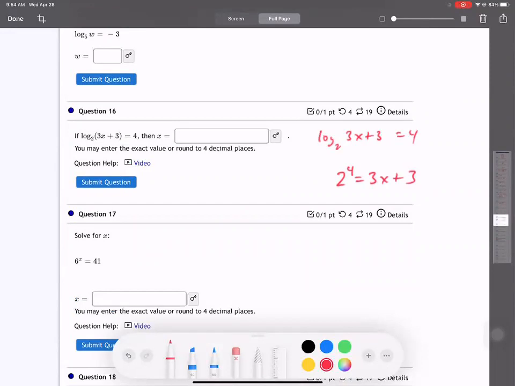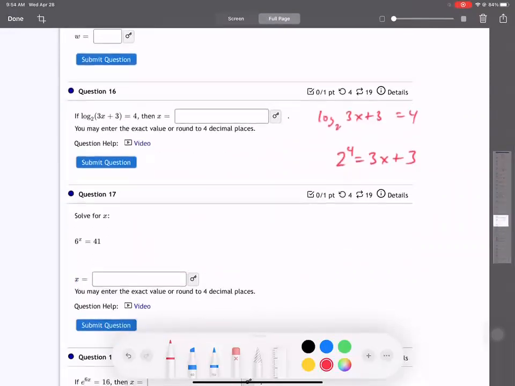And then from here, isn't 2 to the 4th power just 16? 2 times 2 is 4, times 2 is 8, times 2 is 16. And then really this is just our algebra 1 problem now. So I'm going to minus 3, 16 minus 3, and then we're going to divide that by 3.